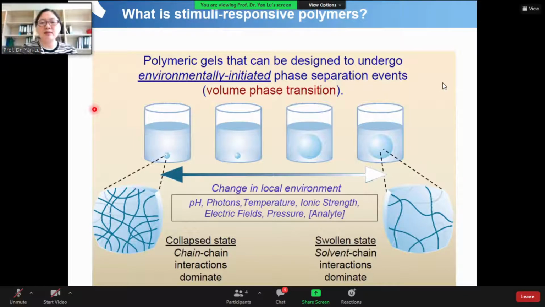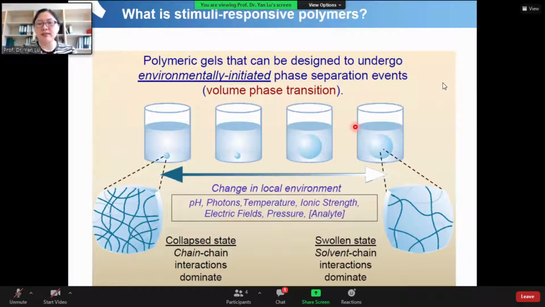This means when we change the local environment, here meaning temperature, pH, or salt concentration, or in some special cases the field, like electric field or magnetic field, or even the pressure, then you will see a volume transition or phase separation in the system. So this is called a stimuli-responsive system.